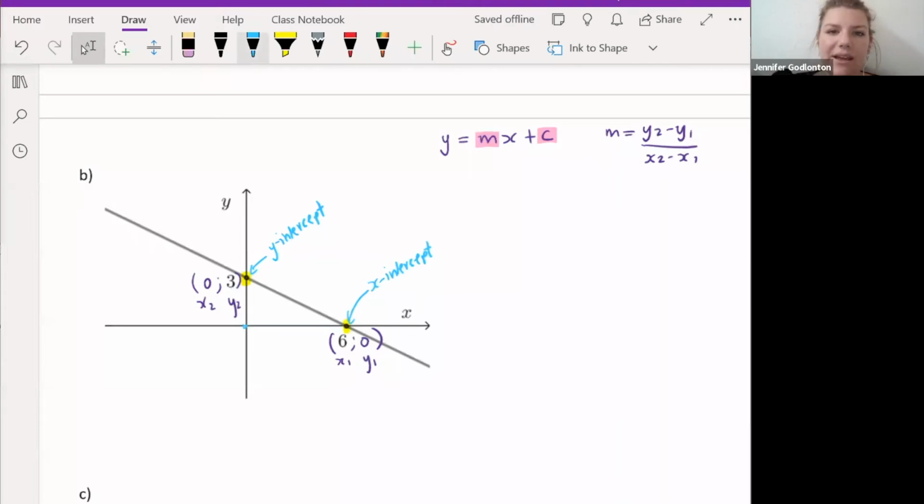So when we're working out this m value over here, I would say y2 is 3 minus y1, which is 0. Oh, okay, because that would be my y2 and that would be my y1. Okay, thank you. No problem.